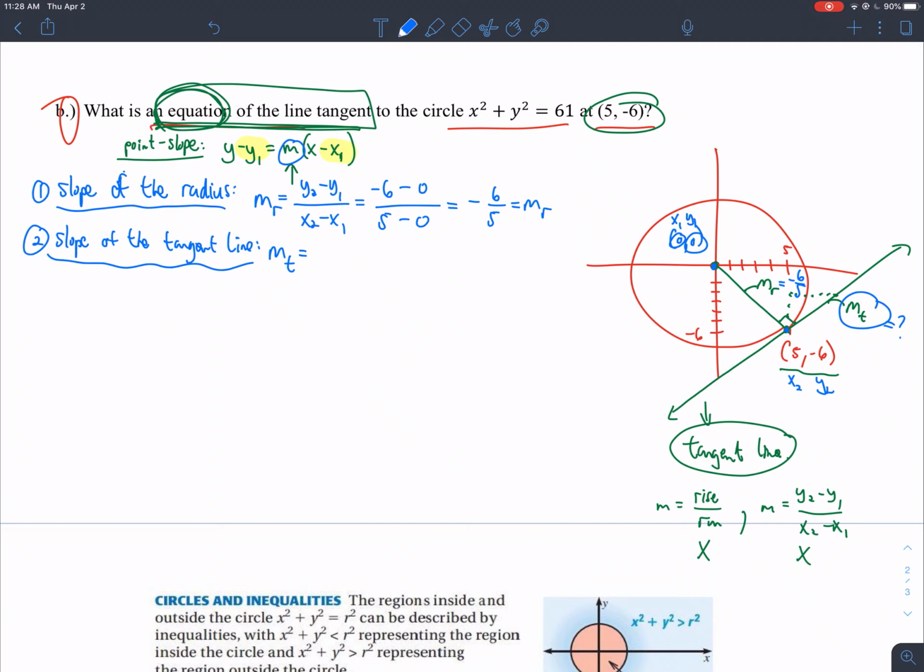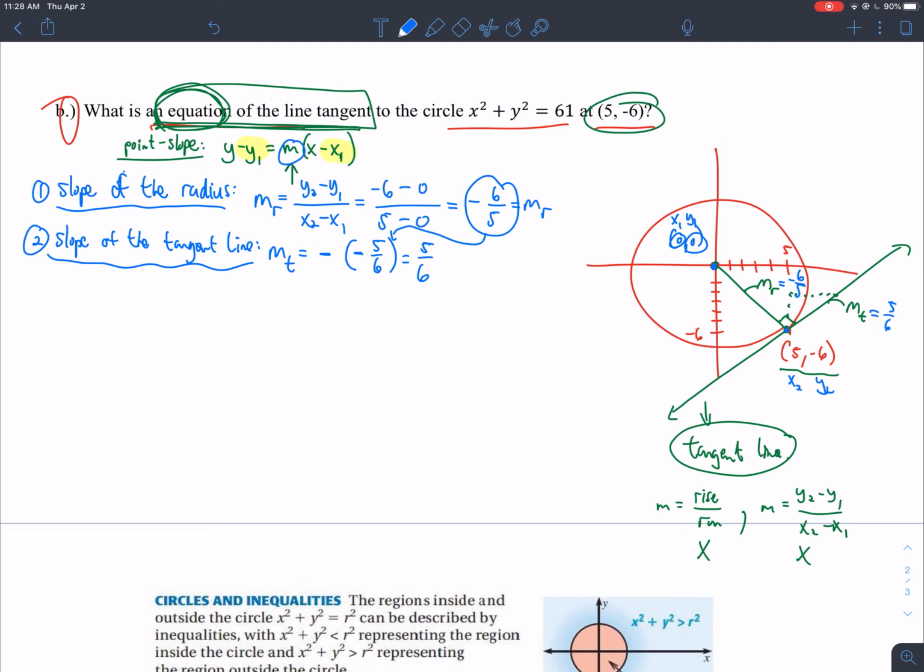So all you have to do is take the negative of this slope and take its reciprocal. If I take the reciprocal of this, I get negative 5 over 6, and the negative of that is just 5 over 6. So there is my slope of my tangent line, m sub t. We found it down here. This is 5 over 6.